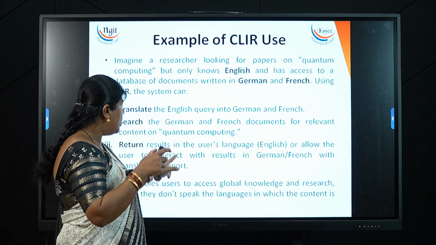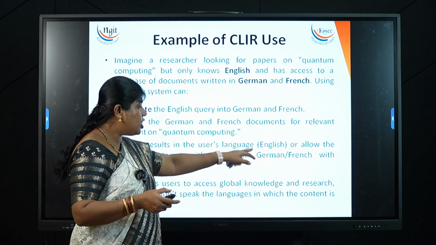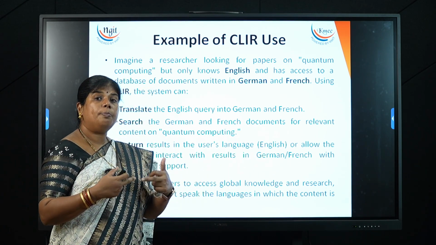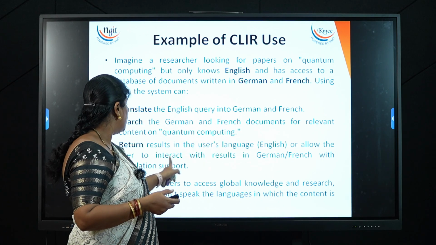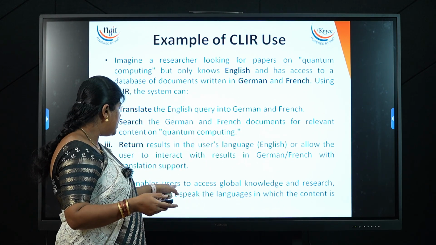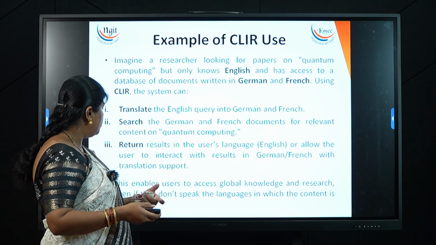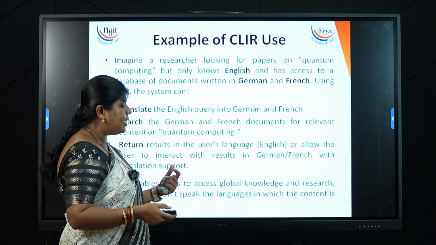Whatever your retrieved documents are, those German and French documents should be converted into English with the help of the translation phase. This enables the user to access global knowledge and research even if they don't speak the languages in which the contents are written.